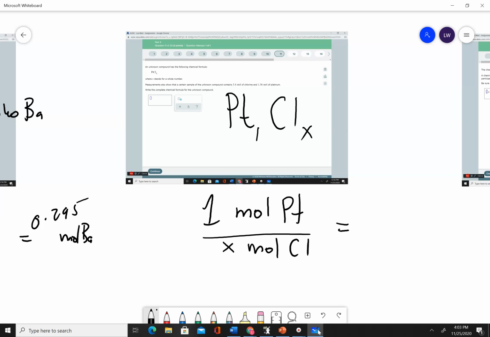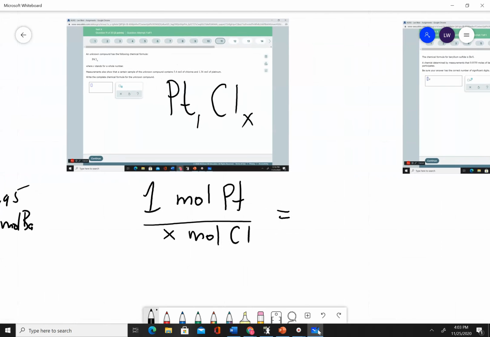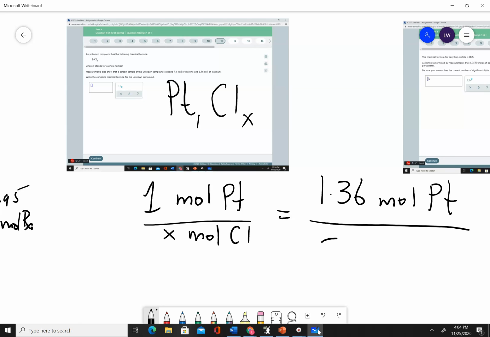So the ratio given here has to equal our whole number mole ratio. What I'm really saying is that our sample has to have the same ratio of platinum to chlorine as any sample of that compound. So 1.36 moles of platinum over 5.4 moles of chlorine is the same as 1 mole of platinum to X moles of chlorine.